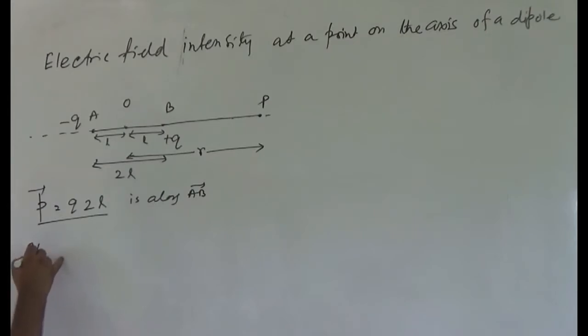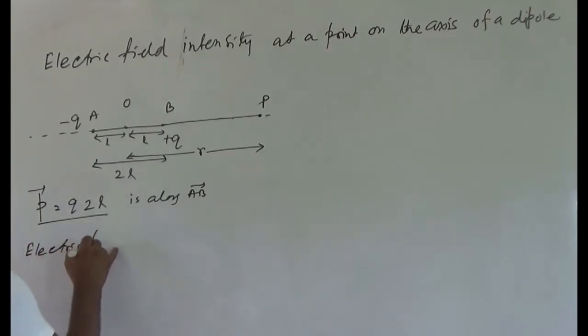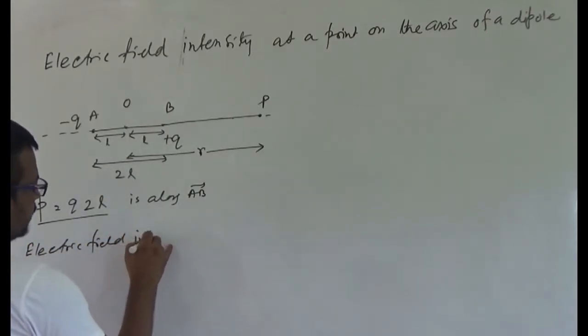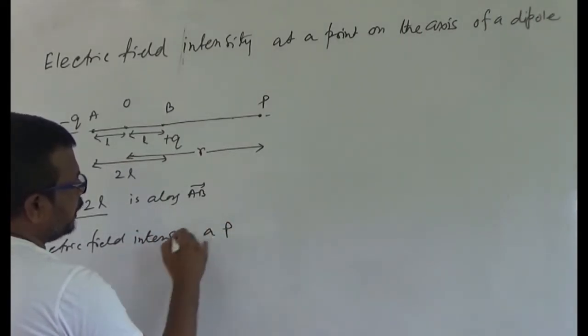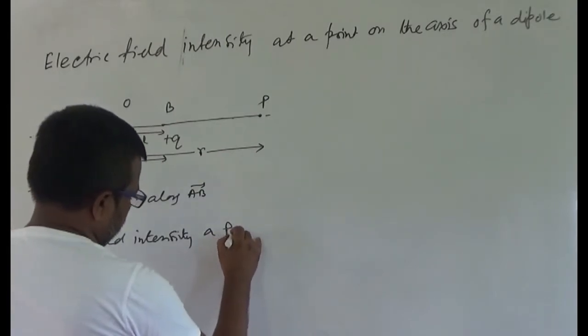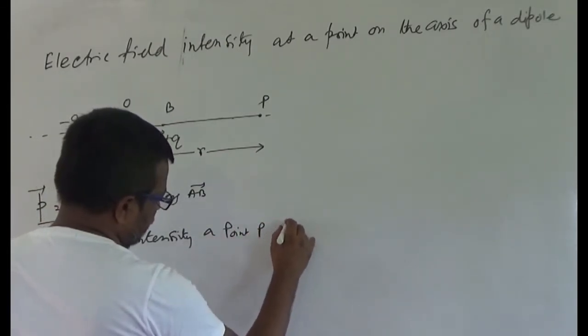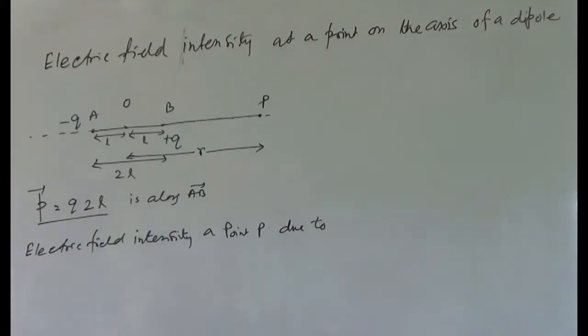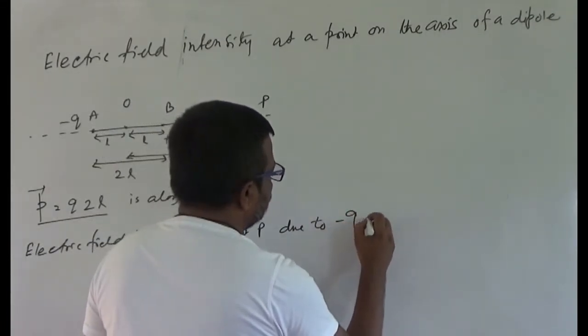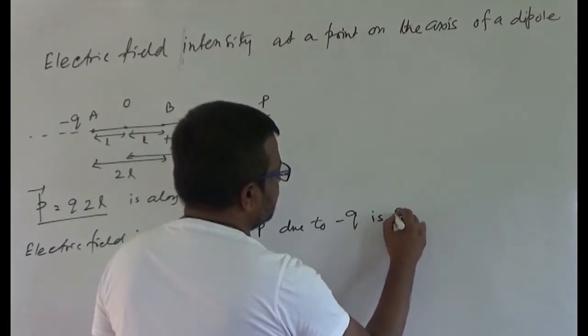Now the electric field intensity at point P due to the minus q at A is E1.